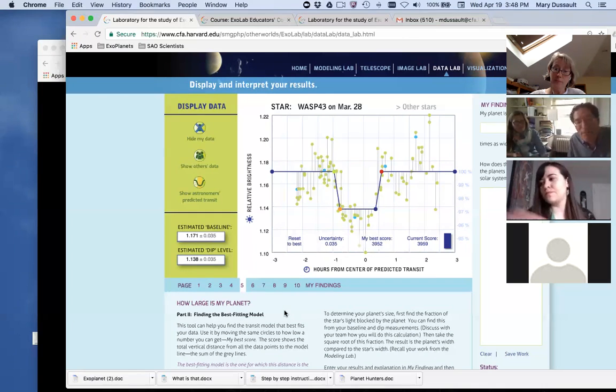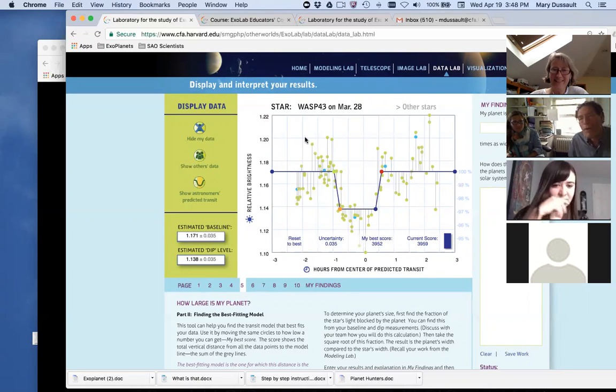The error we give is basically two standard deviations, meaning that 95% of the time the data will fall within this average and the error. So plus or minus 0.03 in this case means it's going to fall between here and here.